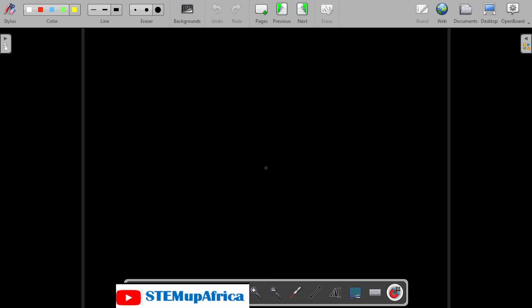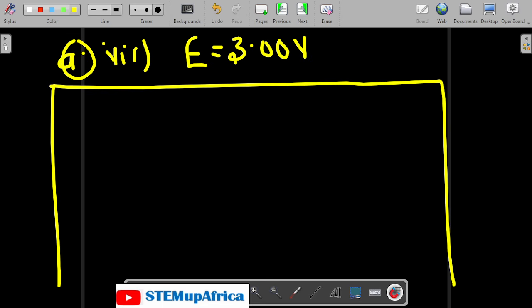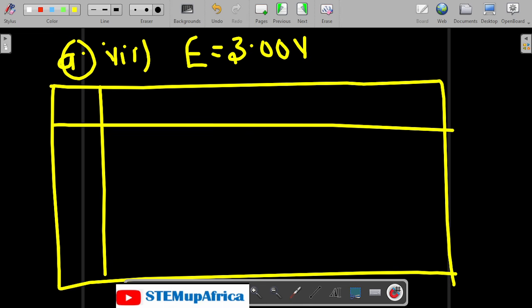So we're having a VII. So I'll recommend the EMF we are using to say 3.00 volts. So we're having the serial number. This is my serial number.